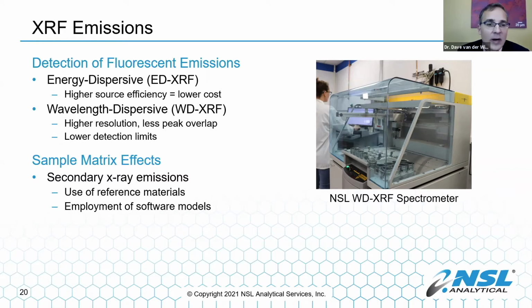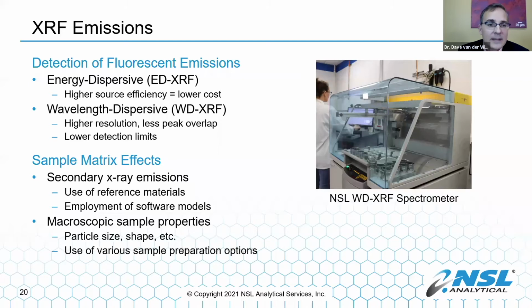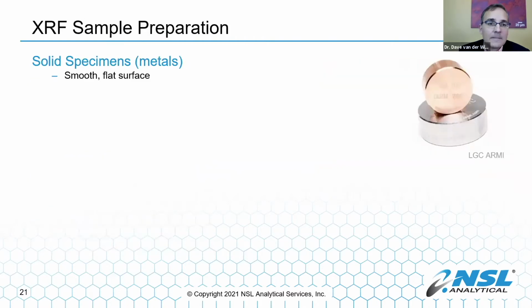So that requires the use of reference materials to look at the type of matrix effect, and also employment of software models that will probe databases. There are also these macroscopic properties of the sample, such as particle size and shape. And that is why oftentimes different types of sample preparations will be used and optimized for XRF.